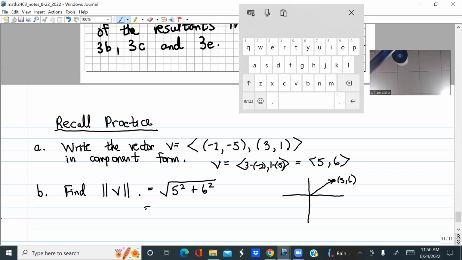So that's 25 plus 36, which is 61. So there's our magnitude, the square root of 61. Did I get that right? Okay, great. Well, then, you really kind of got the first lesson there of last time for vectors.